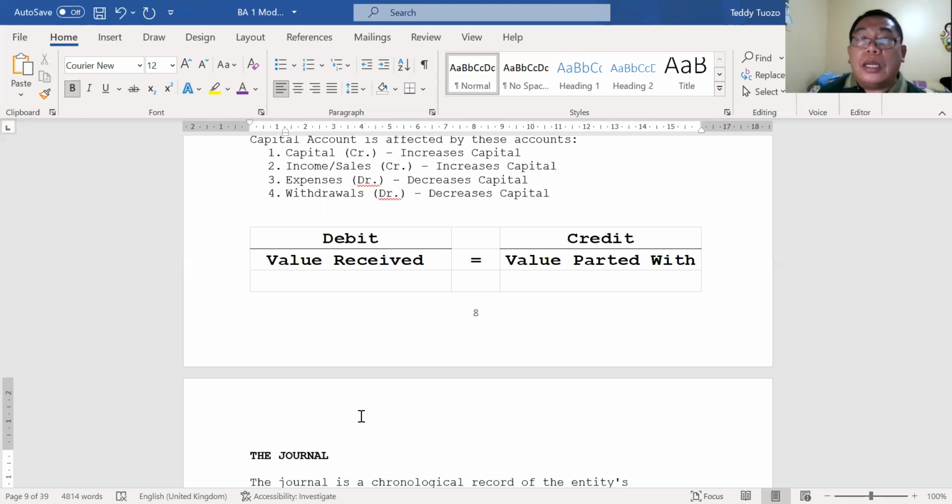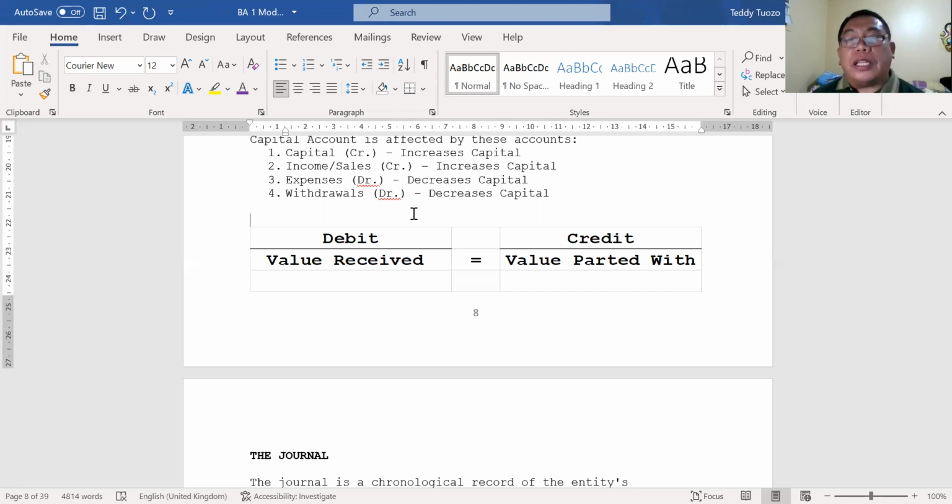Remember that above, I mentioned that expenses have a normal balance of debit, no? Because when we record this expense, we debit the account. So increases in assets are debit entries. Decreases in liabilities are also debit entries. And increases in expense and withdrawal are also debit entries.